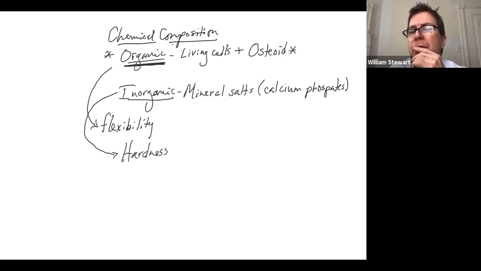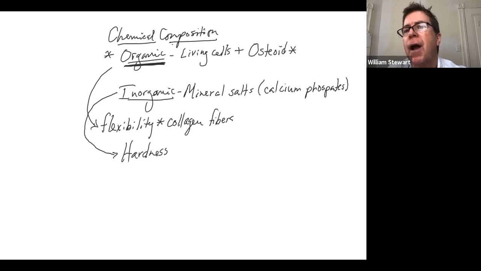So I'm going to just briefly talk about flexibility, the organic compounds, things like specifically collagen fibers. The collagen fibers that are found in this stuff that the osteoblasts secrete, they create bonds within the chemical.